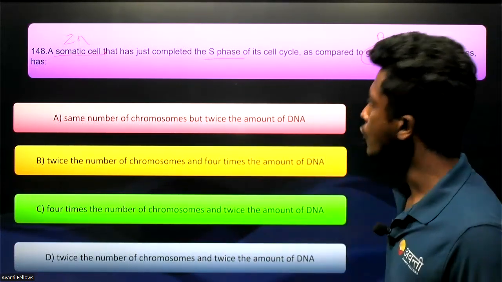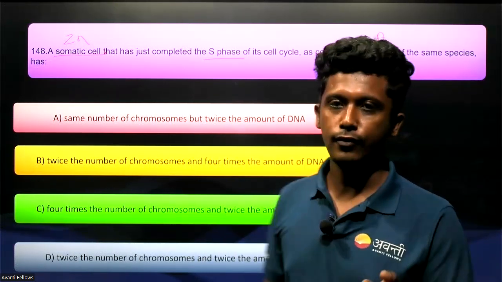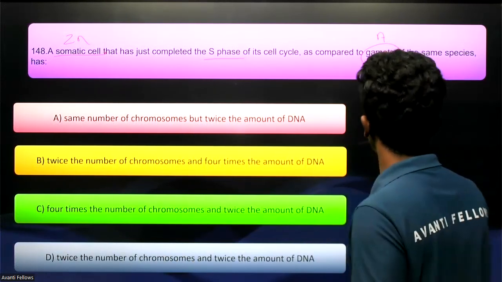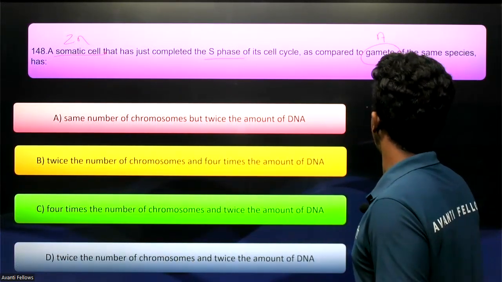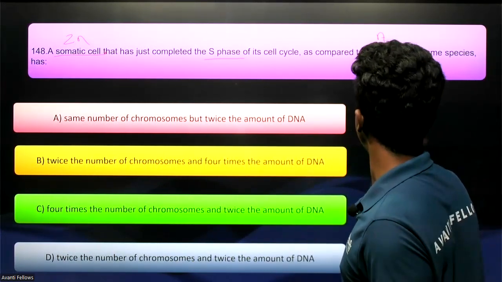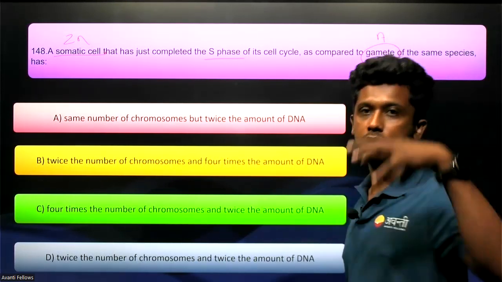So if a somatic cell has entered the S phase and it has completed the S phase, that means it has finished its DNA replication. If it has finished its DNA replication, let us say that 2C is the total amount of DNA that was present before the S phase.